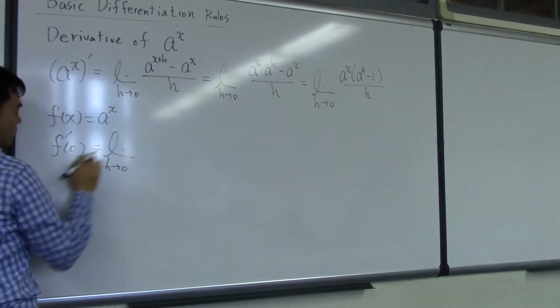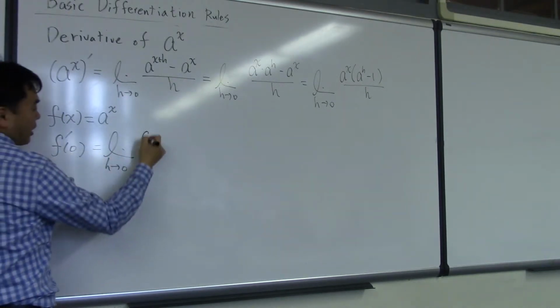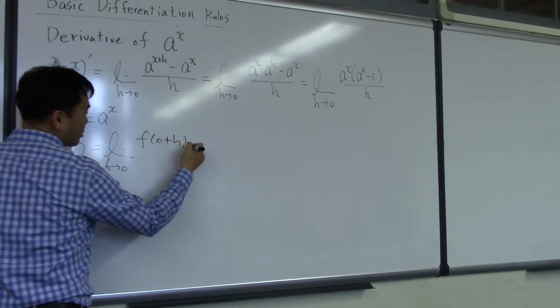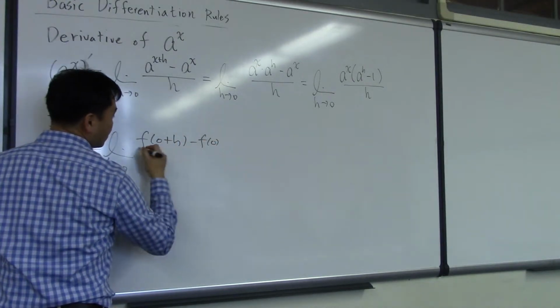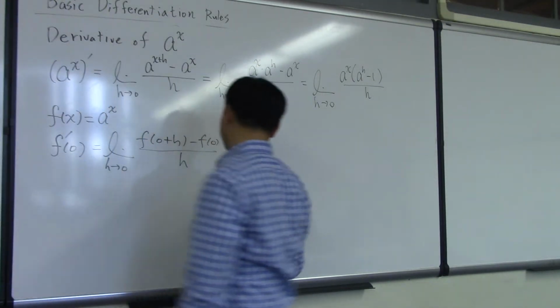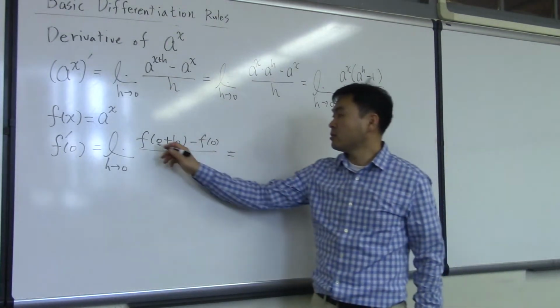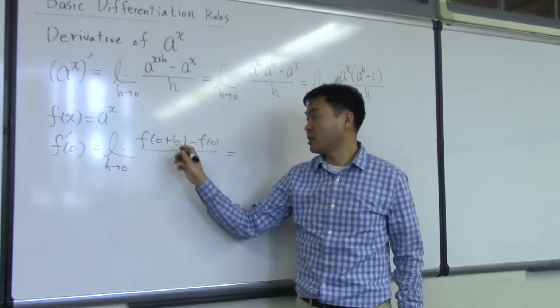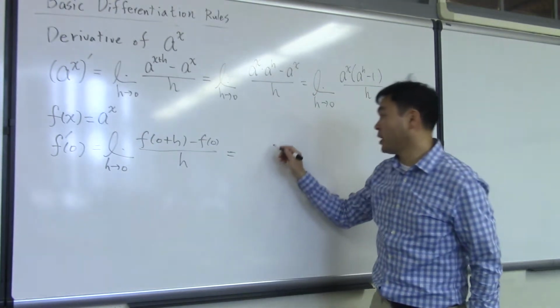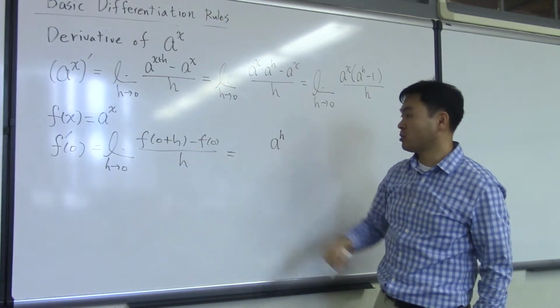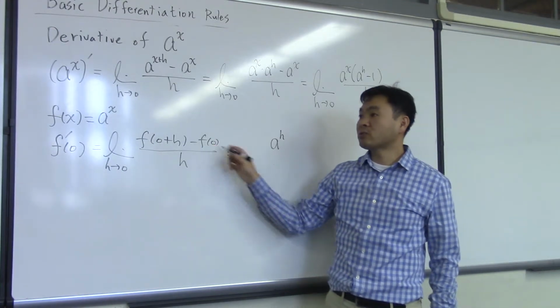The formula is f prime of 0 is f of 0 plus h minus f of 0 over h, isn't it? That's the definition. And this is like evaluating the function at h, so you replace x by h, which gives you a to the h power. What's f of 0?